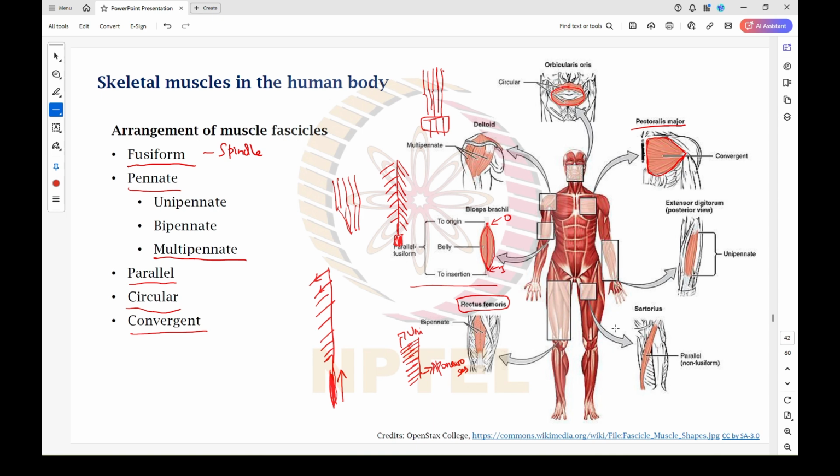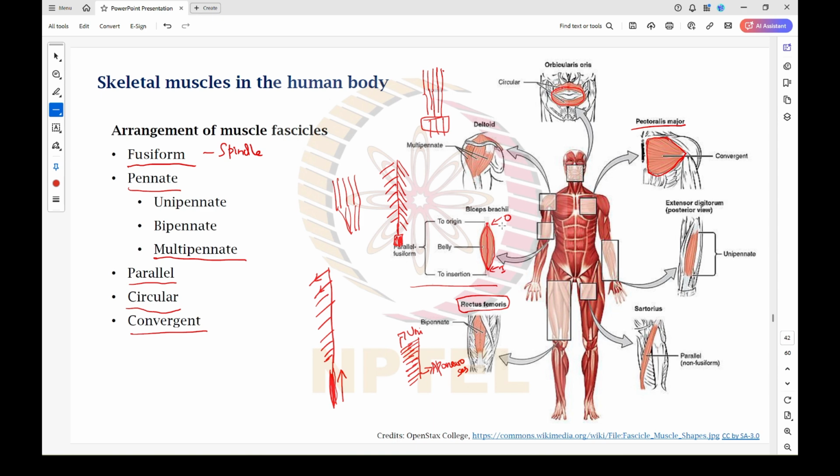Even within the skeletal muscles, there are different arrangements of the muscle fascicles, and depending upon the arrangement, there are different types of muscles. There are fusiform muscles, which are spindle shaped, usually observed in the biceps.